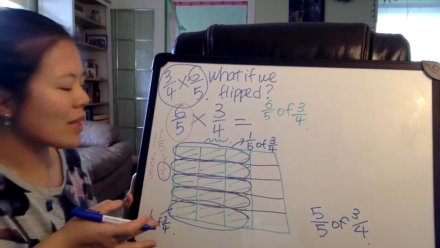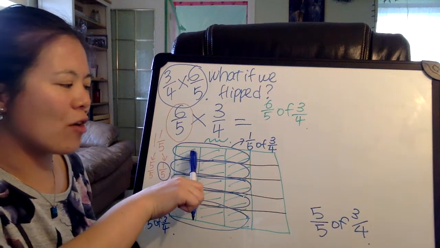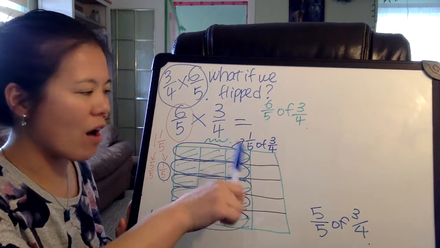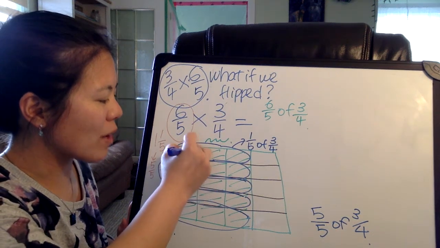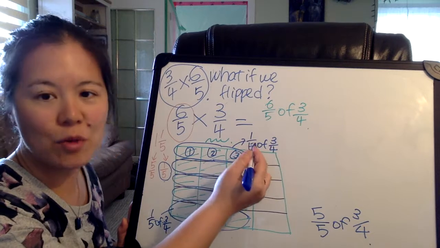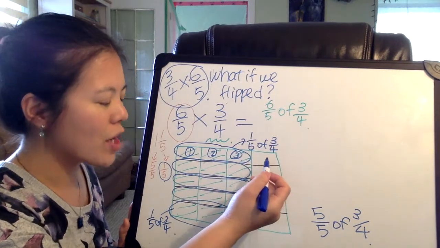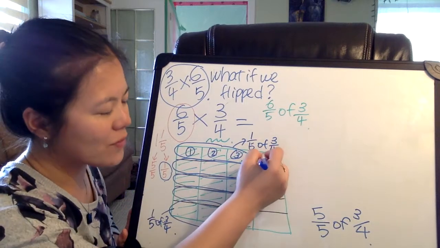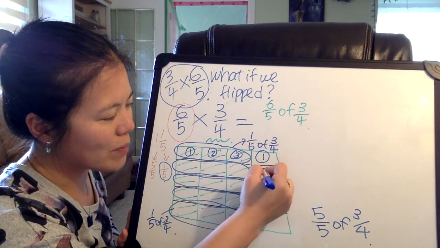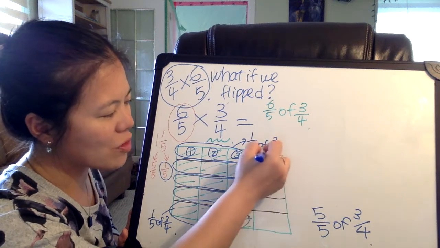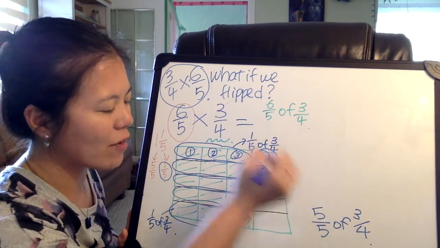So I'm going to look at how many of these blocks I colored in to make 1/5 of 3/4. I colored in 1, 2, 3 to make 1/5 of 3/4. So to add one more piece, I'm adding the second piece, the third piece. So I'm adding 3 pieces right over here.